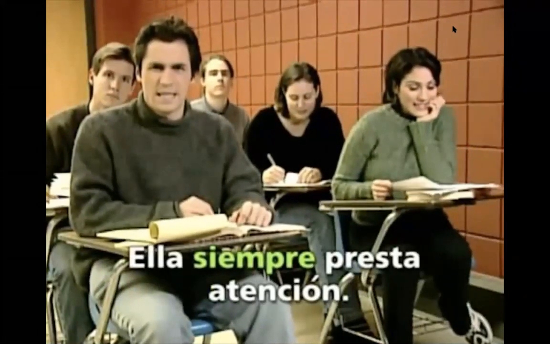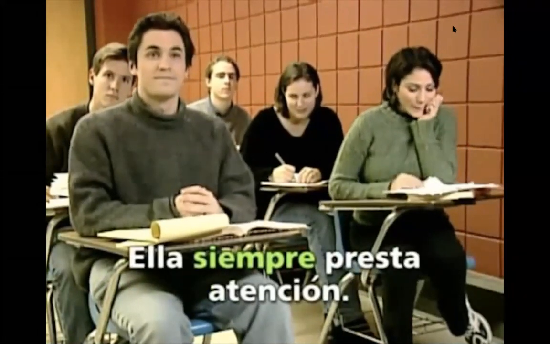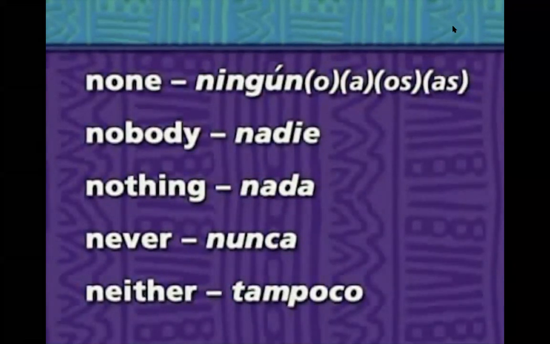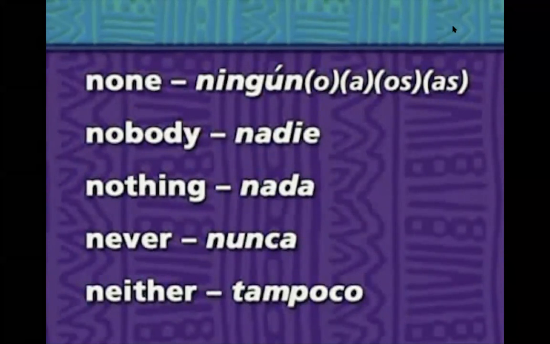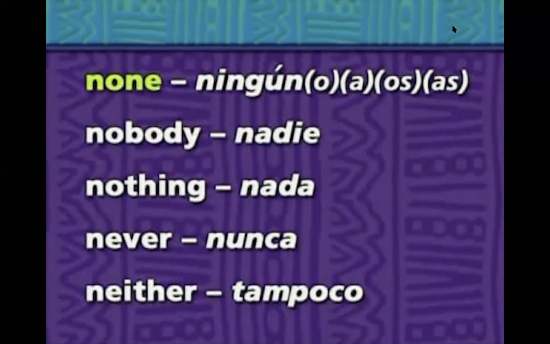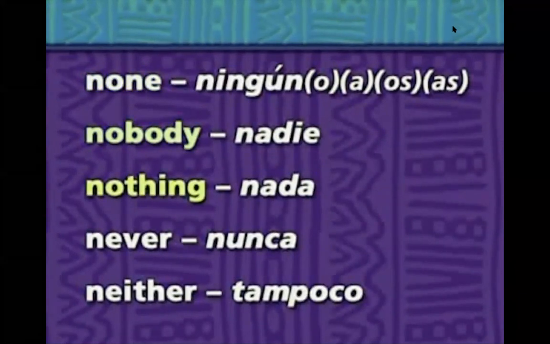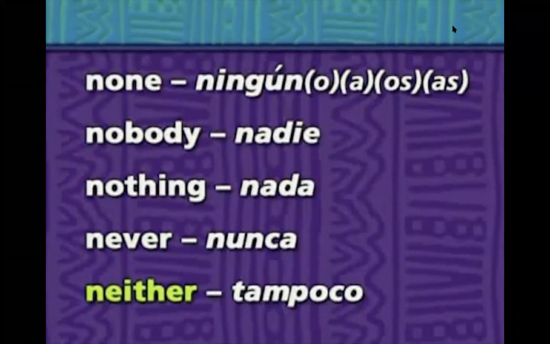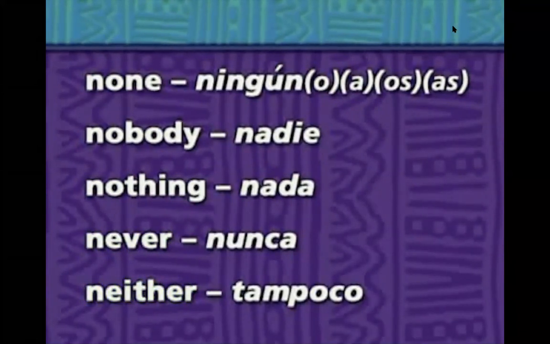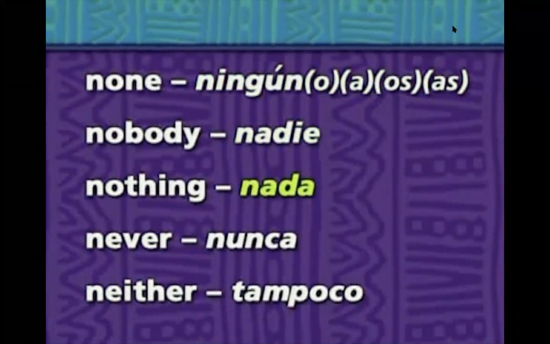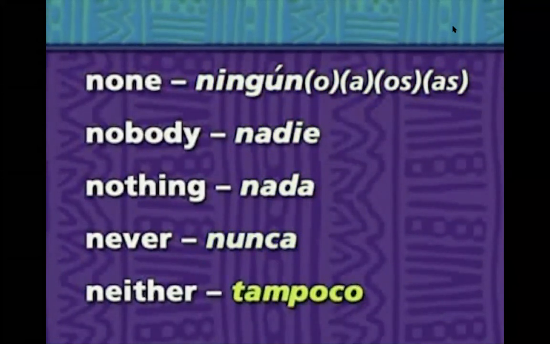Ella siempre presta atención. And of course, with the positive comes the negative. Examples of negative words and phrases are none, nobody, nothing, never, and neither. In Spanish they are ningún, nadie, nada, nunca, and tampoco.